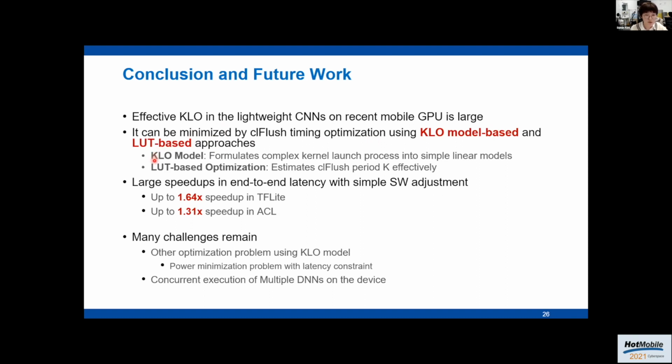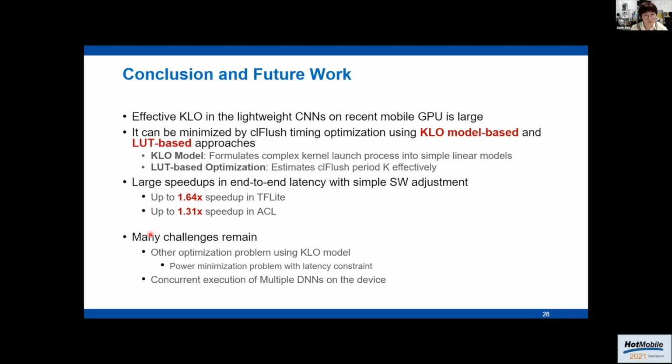We formulated a complex kernel launch process into simple linear models called the Clo model, and we proposed LUT-based optimization to effectively estimate the flush period k. As a result, we could achieve large speedup with simple software adjustment in the widely used deep learning frameworks.